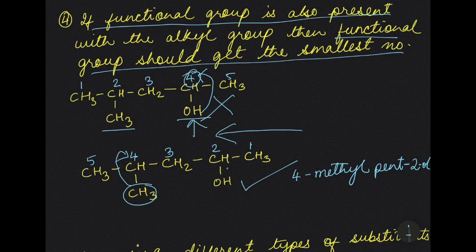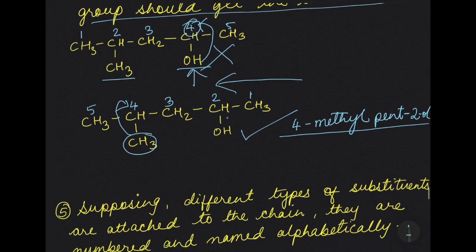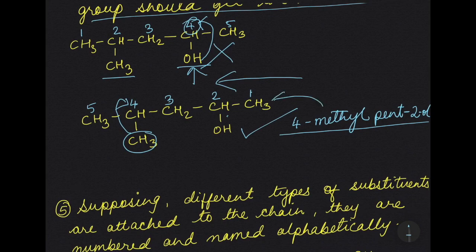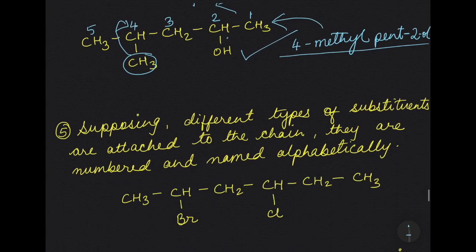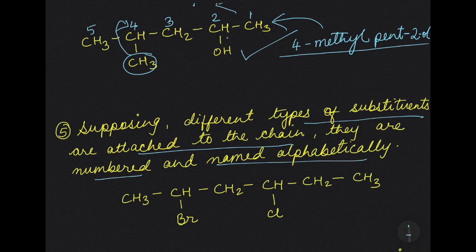Okay, so this is the name of this alcohol. Okay, now supposing there are different types of substituents attached to the chain, they are numbered and named alphabetically. So here bromine and chlorine are there.